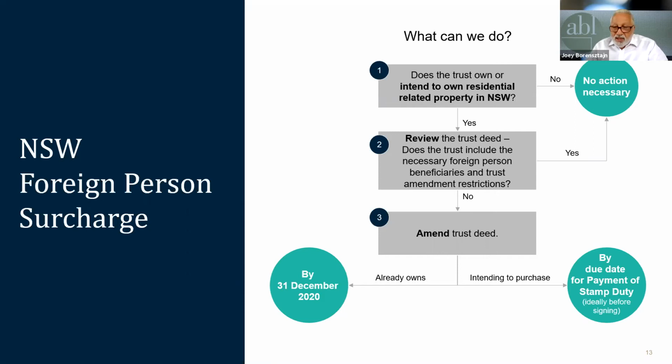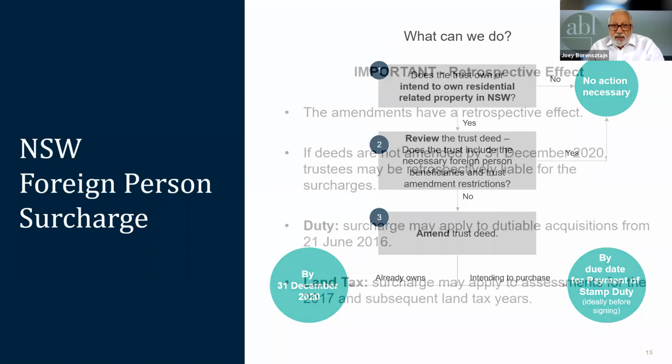Consequently, this necessitates that all existing discretionary trust deeds holding residential property in New South Wales, unless they were created this year, must be amended or they will no longer comply with these requirements and will be exposed to the surcharge both prospectively and retrospectively. So, shock, horror.